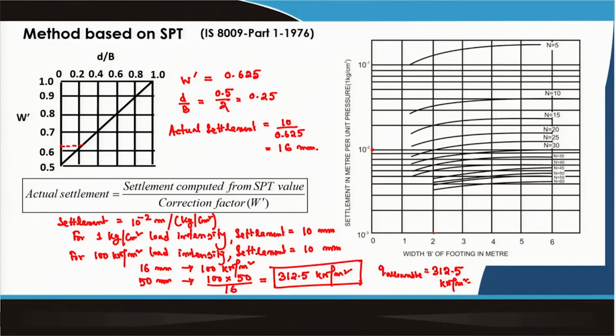But if I use another correlation, we can get the allowable bearing capacity directly. That correlation is given by Peck, Hansen and Thornburn (1974).